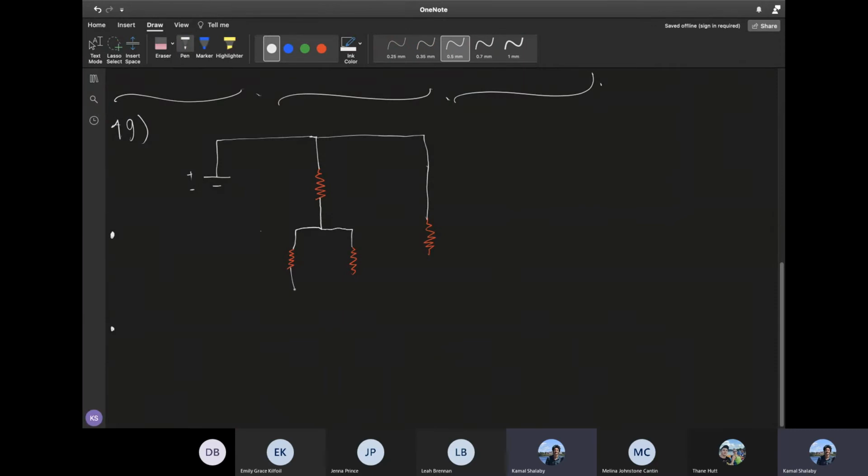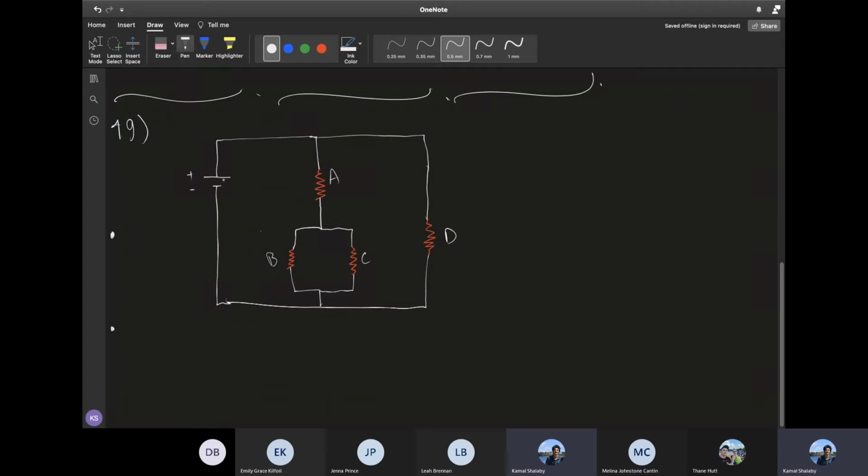Okay, this is A, B, C, and D. Okay, so this is our circuit.